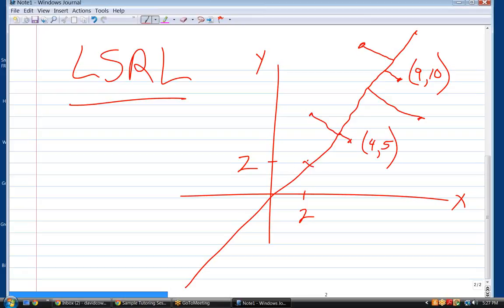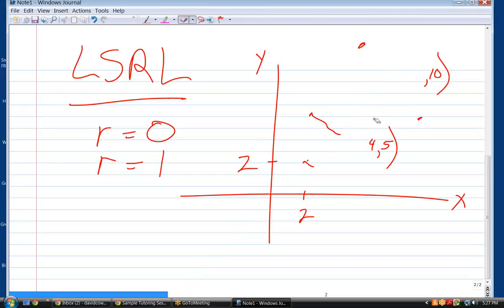So the further they are away from the line, the lower the correlation is going to be. And your correlation is measured from 0 to 1. In other words, 0 correlation is basically no correlation. A correlation of 1 is perfect correlation.